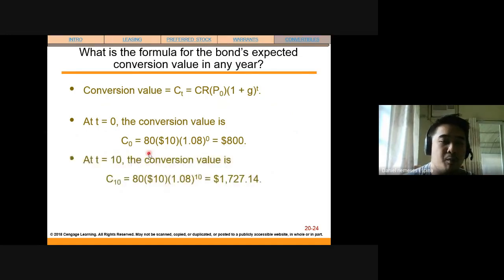If we compute the conversion value on year 10, 80 times 10 per share multiplied by 1.08 raised to 10, you have a total conversion value of $1,727.14.